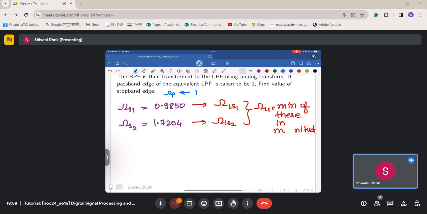And how to find this omega ls? So this omega lsi, where this i belongs to 1 and 2. So this means that this i can take value as 1 or 2.